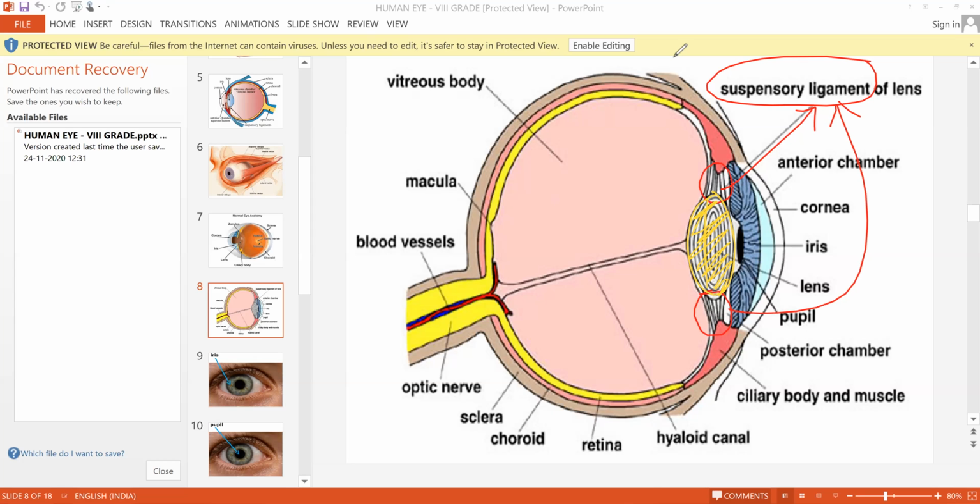This fluid is necessary for optical clarity, meaning image clarity. Eyes are useful to see images. So in order to have better clarity of images, better vision, this liquid, aqueous humor, is a transparent, watery, fluid-like substance.